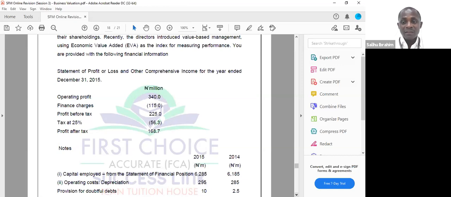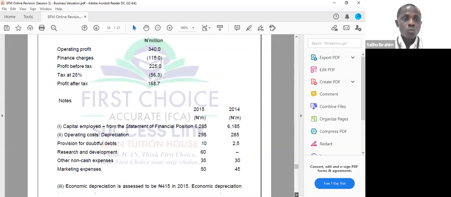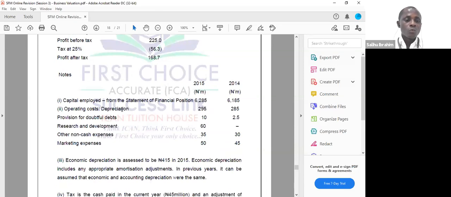Now we have this relevant note here. Note 1: we have 2015, we have 2014. Capital employed from the statement of financial position. In 2015, the capital employed was 6285, while in 2014, it was 6185. Now, operating cost, that is note 2.